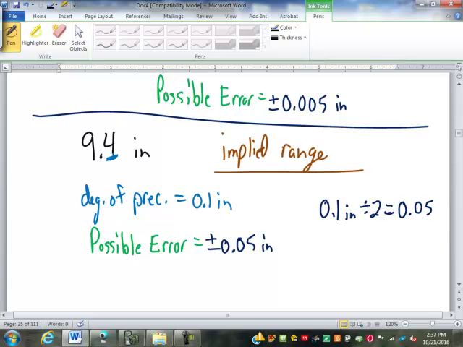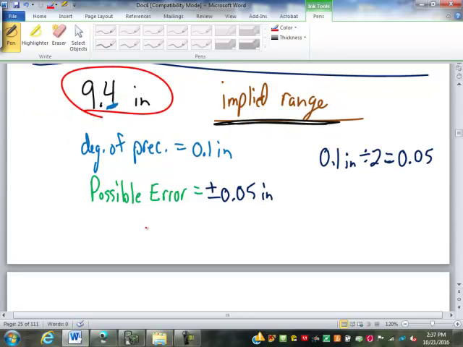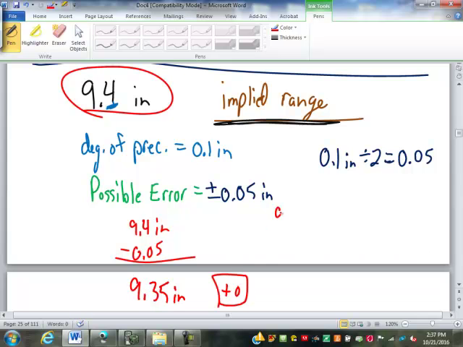So that's a possible error of plus or minus 0.05. So the range that is implied here is going to be our original measurement, 9.4 inches, minus that possible error. Minus 0.05 is 9.35 inches, to our original measurement of 9.4 inches plus that possible error of 0.05.